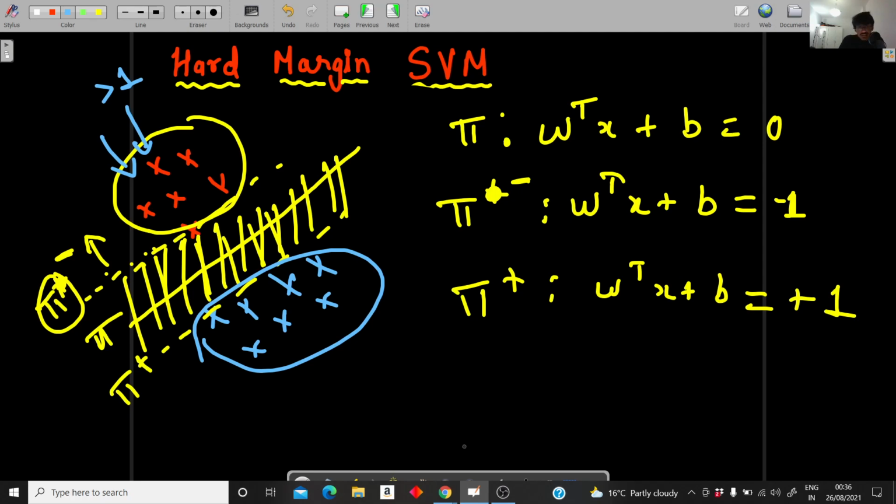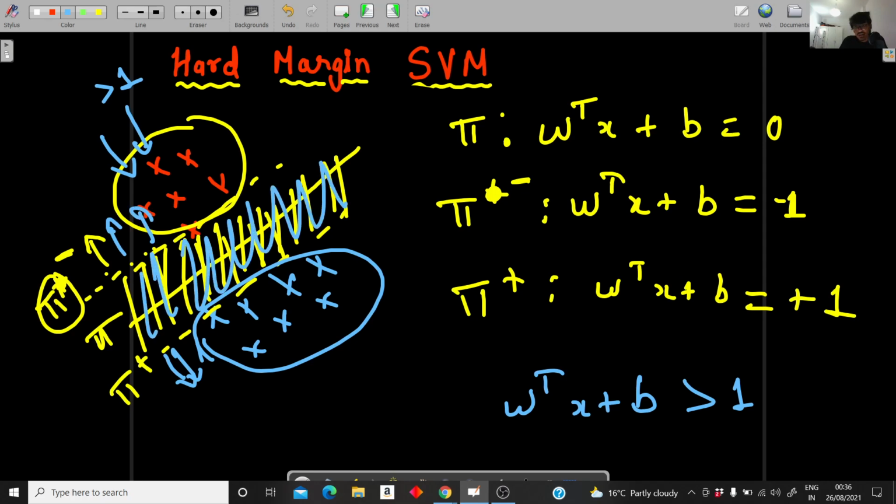The decision function, w transpose x plus b, should be greater than 1 for this case as well. That is, all the points should lie here or here. They should not be in this region. So this should be greater than 1 for all the points.